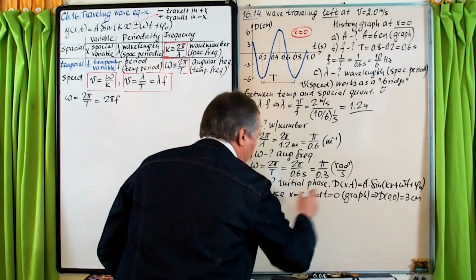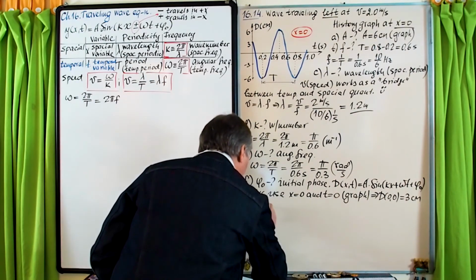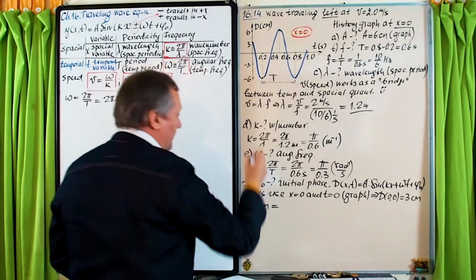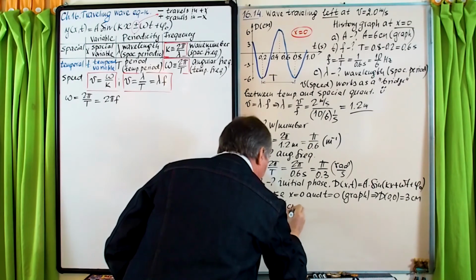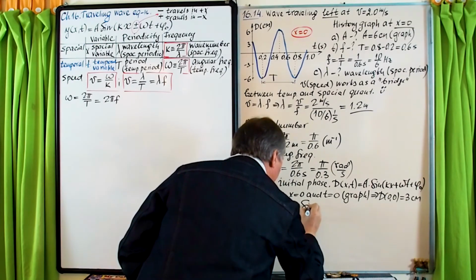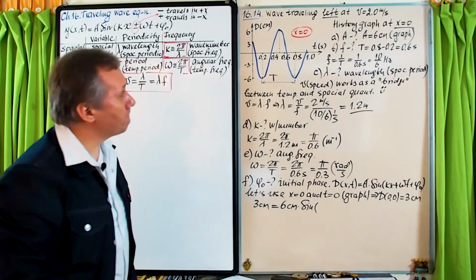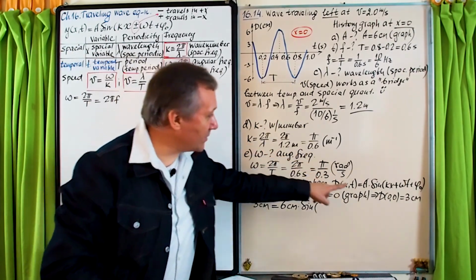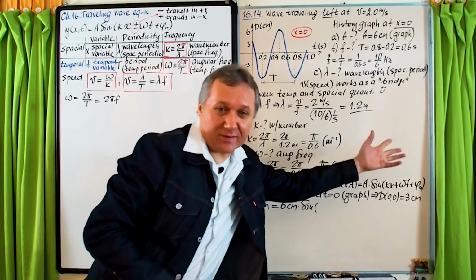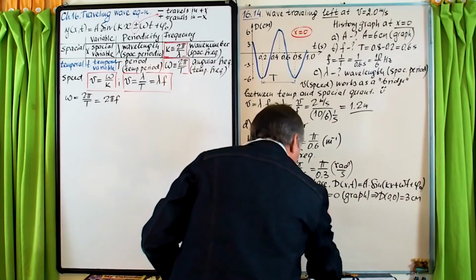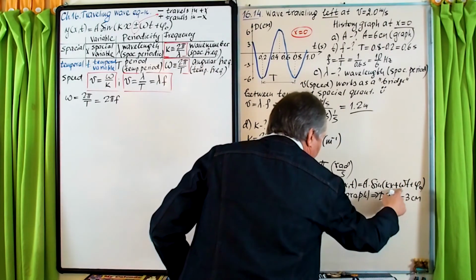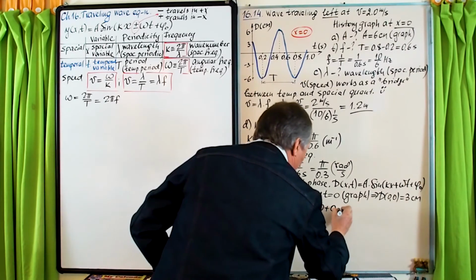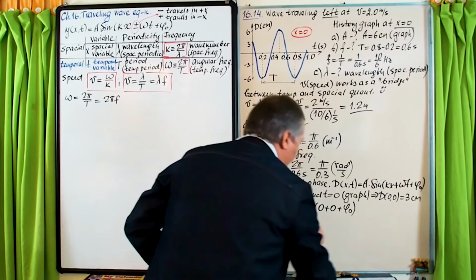So this will be 3 centimeters equals amplitude 6, then sine of k, which is given, times x, which is 0, so it will be 0, then plus omega t, and again t equals 0, so this will also be 0, and plus our unknown constant phi naught.